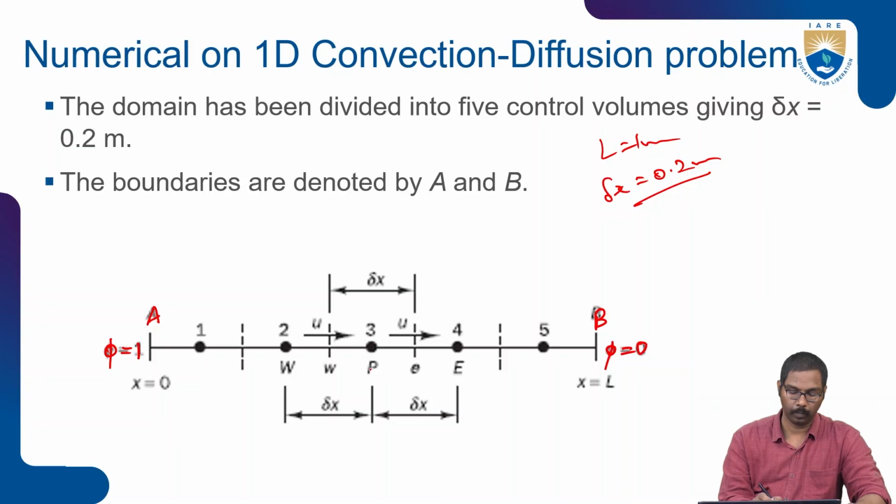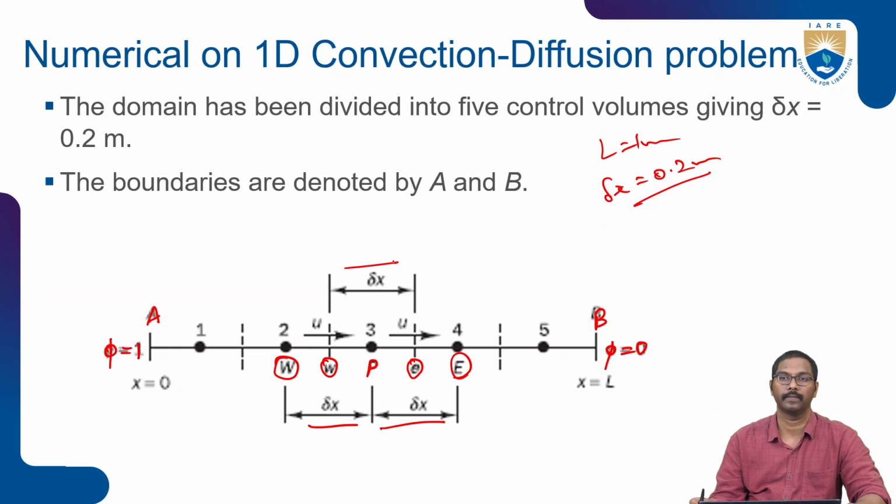The center point is taken as P, the solution point, towards the right it is taken as capital E, and towards the left as capital W. The cell faces are denoted with small letters, small w and small e. It is a uniform grid spacing, such that the distance between the points is delta x.